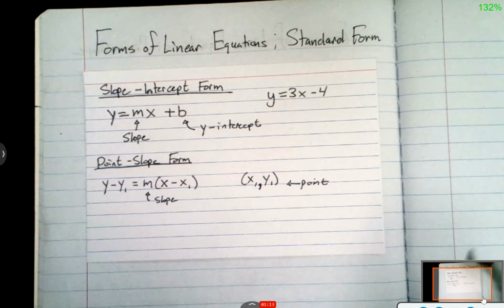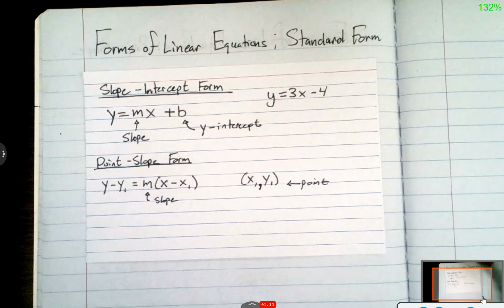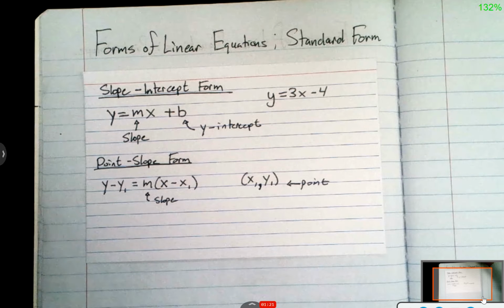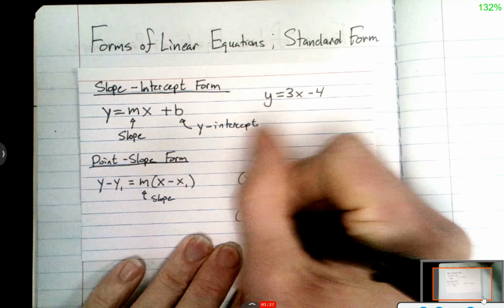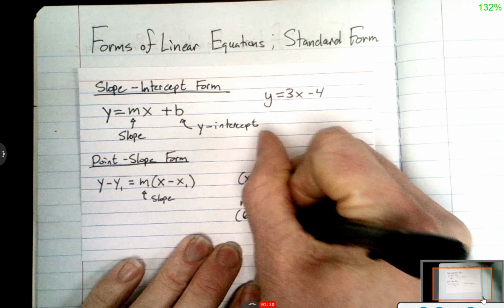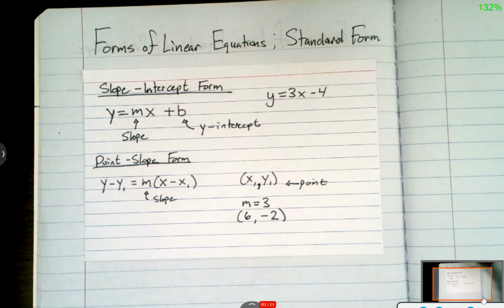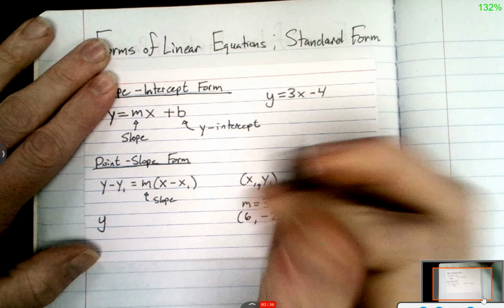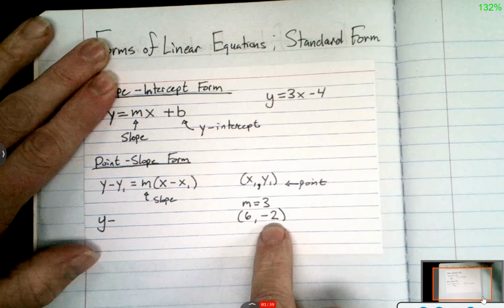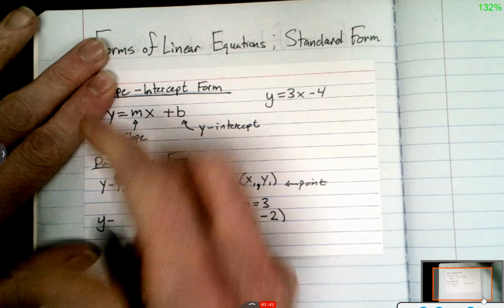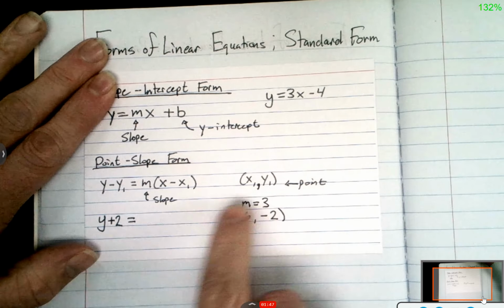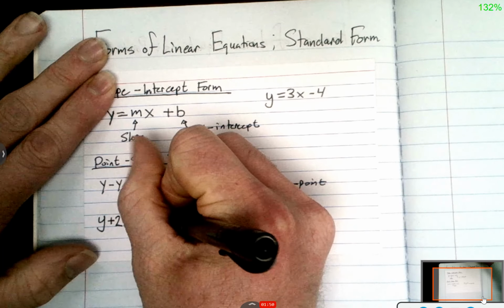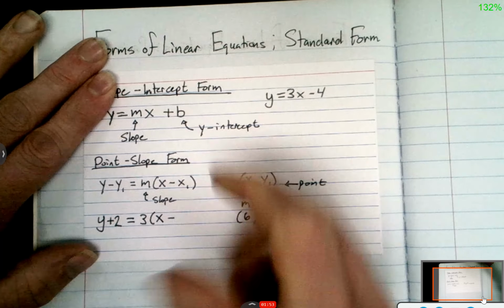Point-slope form, again, it's in the name. It shows you a point on the line, and it shows you the slope of the line. So if, for example, I had an equation with a slope of 3, and the point 6 comma negative 2, this would be written in point-slope form as y minus negative 2, but since it's minus a negative, it's going to look like plus 2 equals, and then we plug in our slope, 3 parentheses x minus 6.